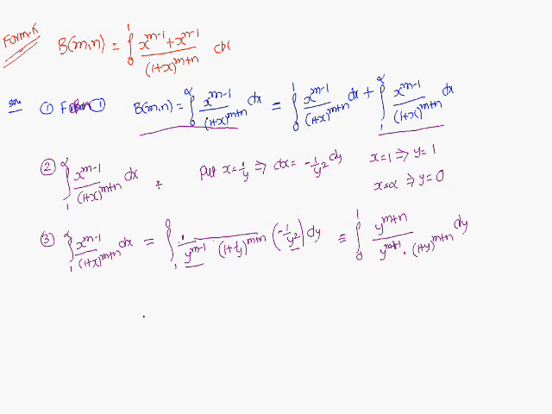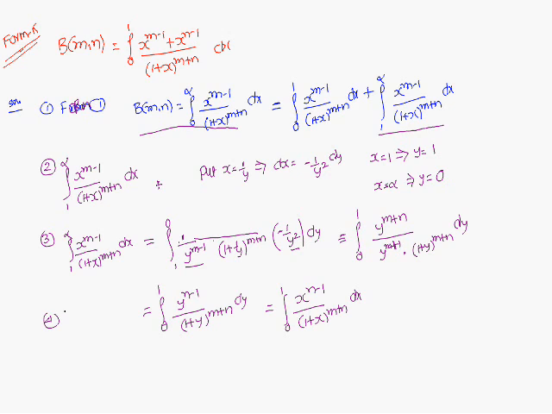So this is nothing but equal to integral 0 to 1. So we are left with y power n minus 1 by 1 plus y whole power m plus n dy. So in generalization you can write it as integral 0 to 1 x power n minus 1 by 1 plus x whole power m plus n dx.